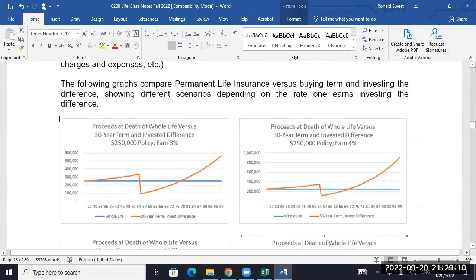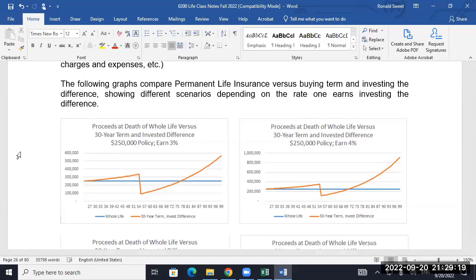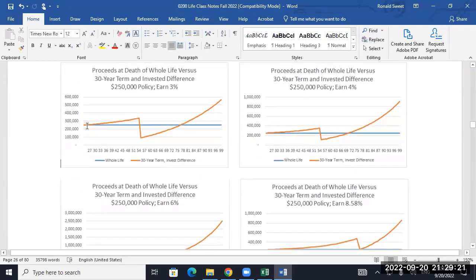Okay, so on the exam, you're going to have to draw a couple of these charts and explain the charts to me. All right. So let's talk about the first one. The blue line is whole life.